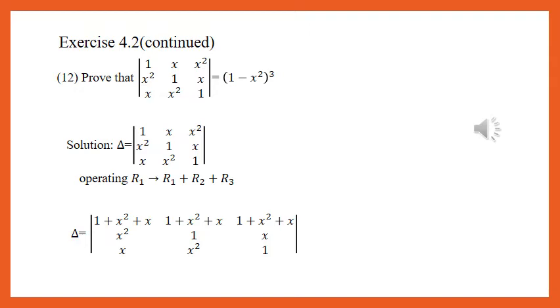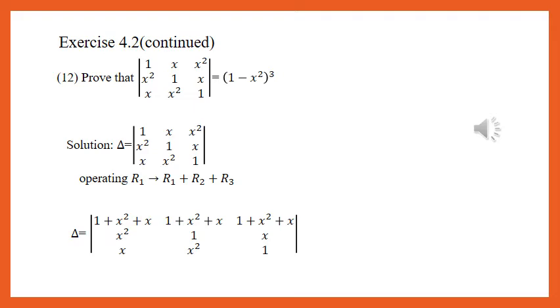If so, what is 1 − x³? 1 − x³ equals 1³ − x³ equals (1 − x) multiplied by (1 + x + x²). So here let's try to get 1 + x + x².